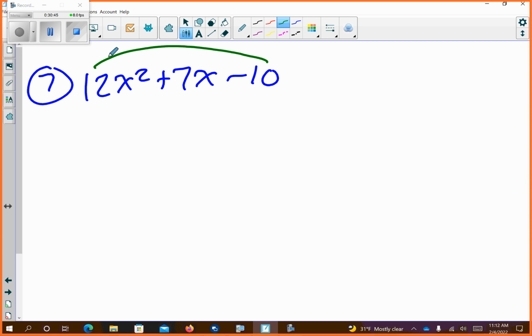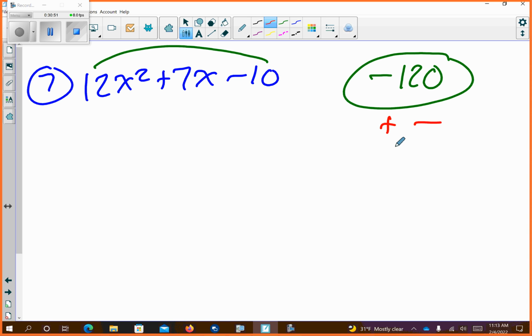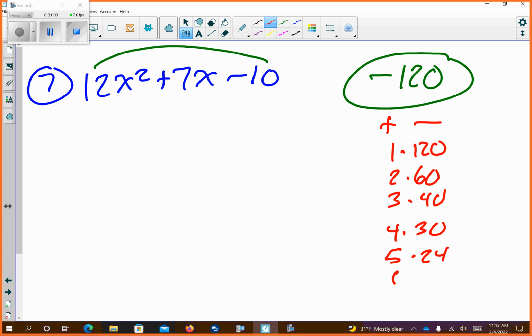I'm going to multiply those together so I get negative 120. You still with me? In order to get a negative, you have to have alternating signs. 1 times 120 is 120, 2 times 60, 3 times 40, 4 times 30, 5 times 24, 6 times 20, 8 and 15 is 120.